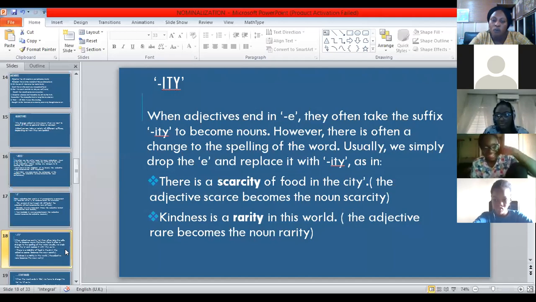The last letter of the word scarce is e. We remove the e, and in the place of the e, we put ity. Also, in the case of rare, the last letter is e. We remove the e and add ity, making it scarcity and rarity.